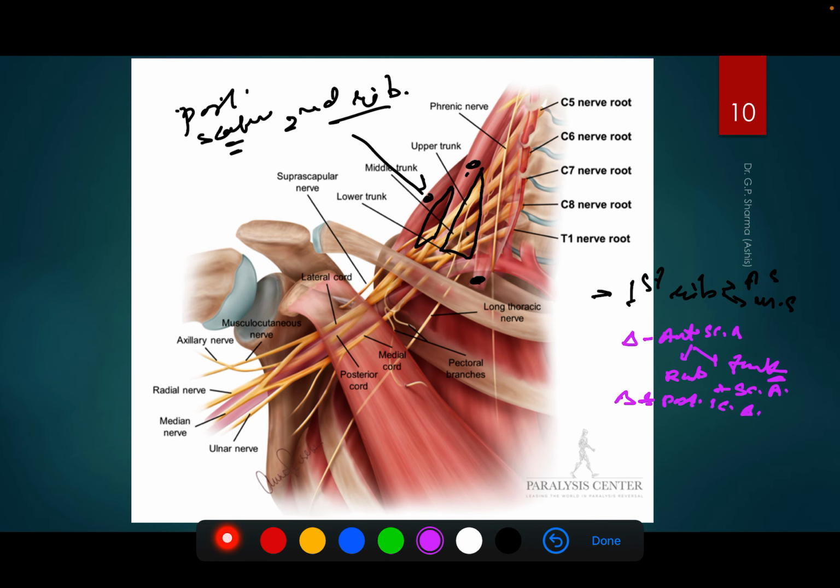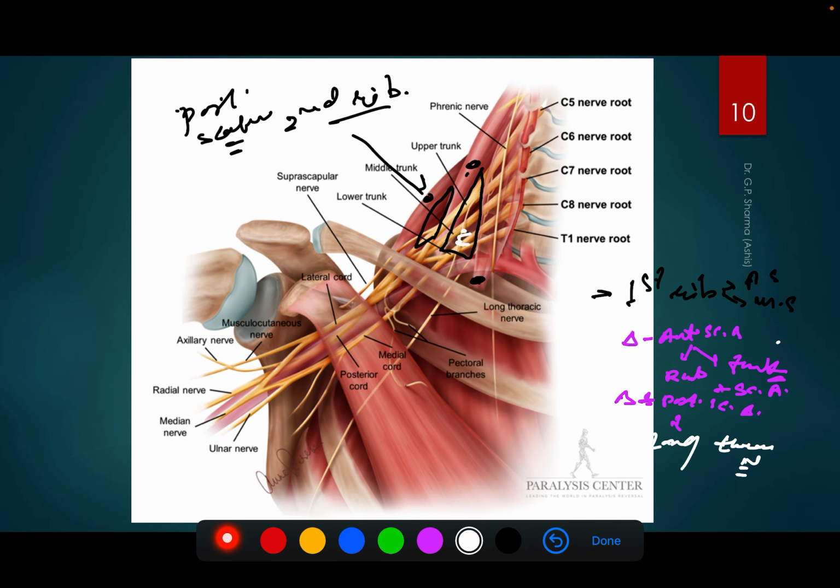This posterior scalene triangle contains only one nerve. Which nerve did we say? The long thoracic nerve, right? And this is about the course of the brachial plexus, in which the root and trunk are present within the neck, that is the anterior scalene triangle, right?